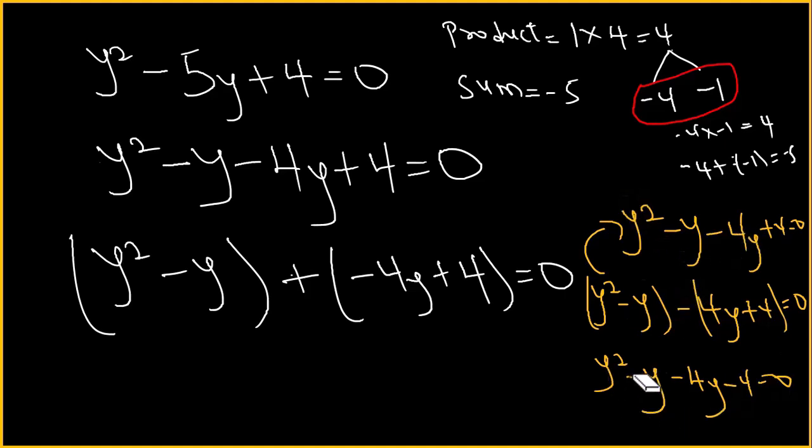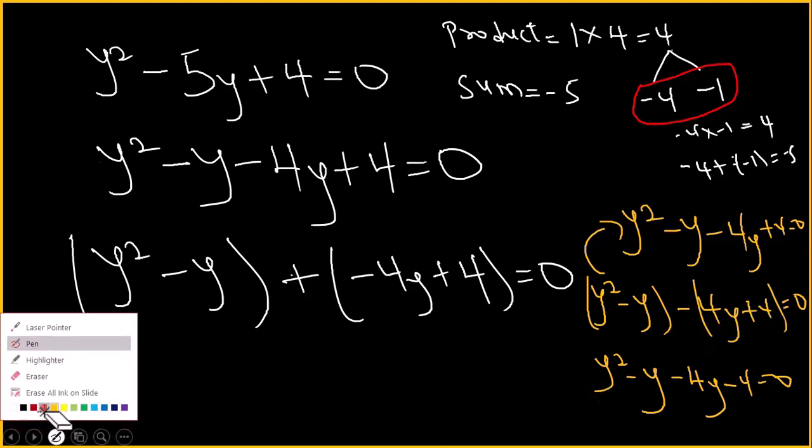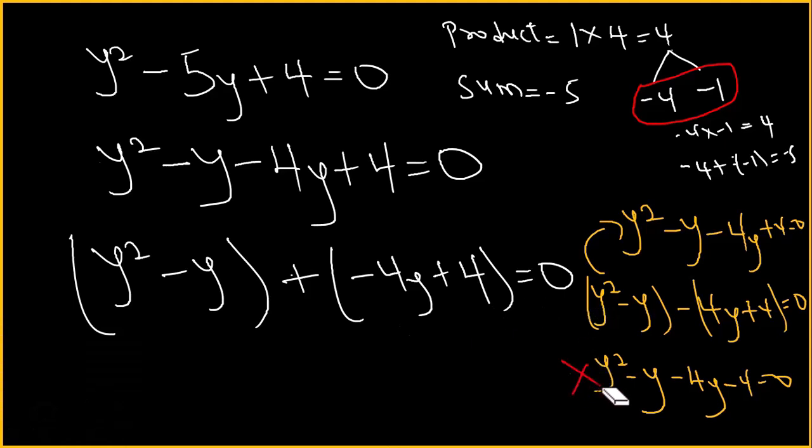See here with the constant term, the original equation was plus 4, and after simplifying this we are getting negative 4. So this is not the ideal way of simplifying this expression or equation.